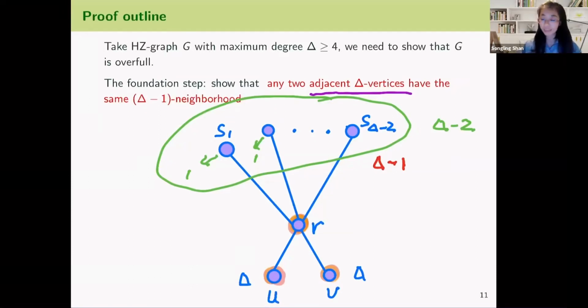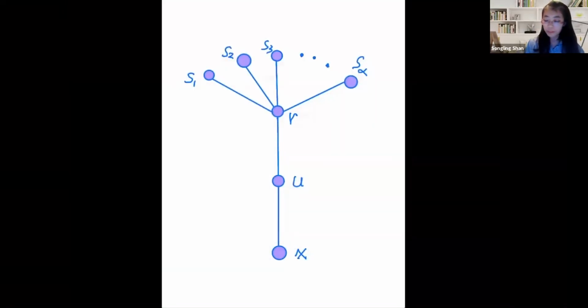To prove this, some of the intuition is as follows. We take this vertex R, a maximum degree vertex, and we take U, also a maximum degree vertex. We assume that R and U do not have the same delta minus 1 neighbors.